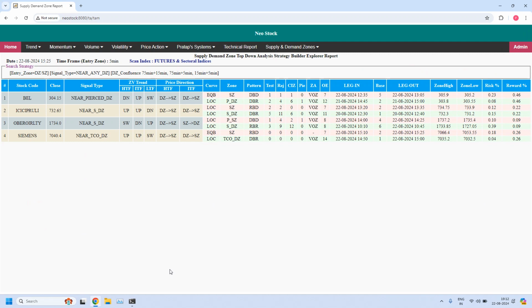That is 5 minutes, 15 minutes and 75 minutes confluence. And this is a demand zone confluence. BEL is already pierced, not useful. So you need to focus on the remaining 3. But again, you should also look for the trend and the other concepts, unless it is a high liquidity zone.